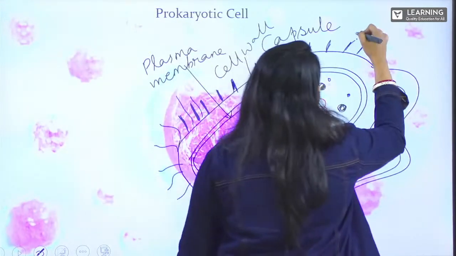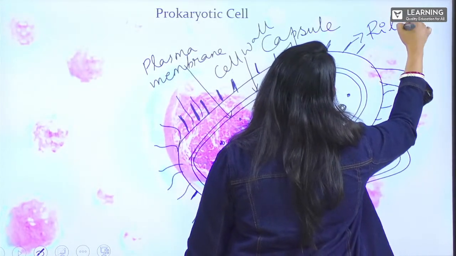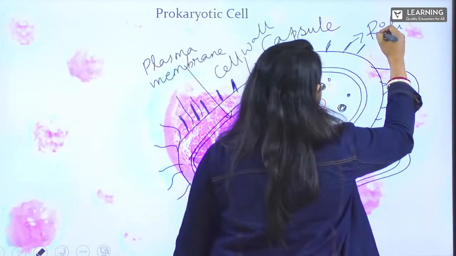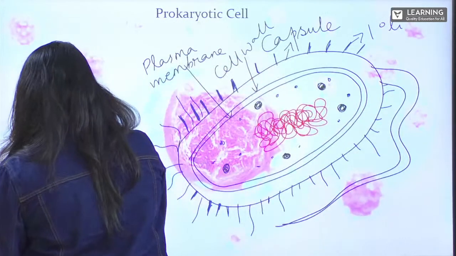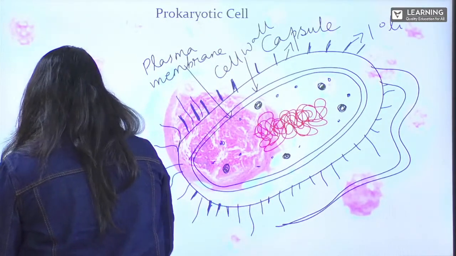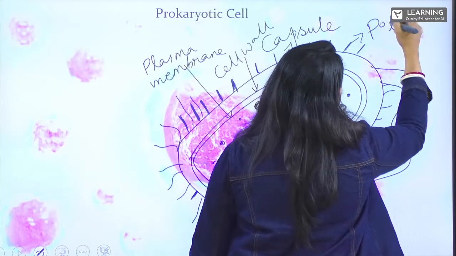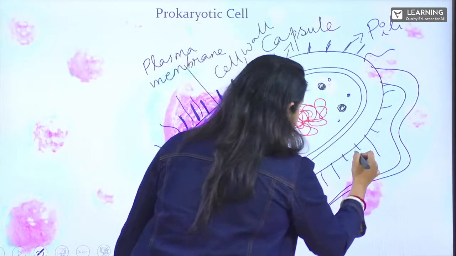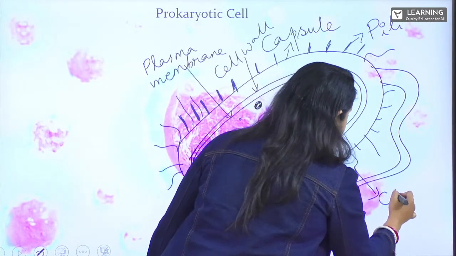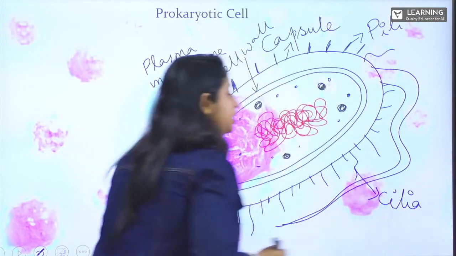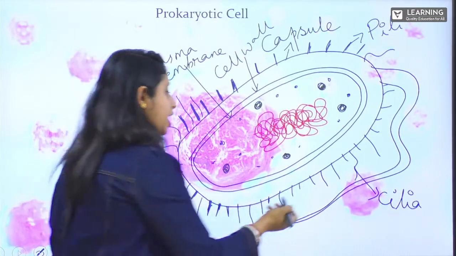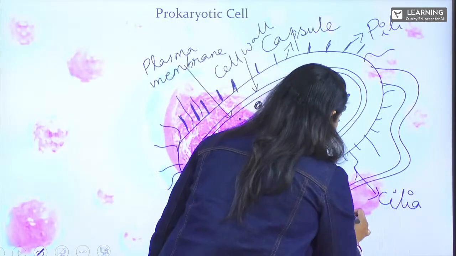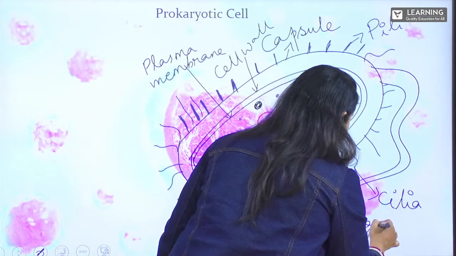This is called pili, not R, but P. These structures are known as cilia, and the cilia help in the process of movement. This long structure is known as the flagella.